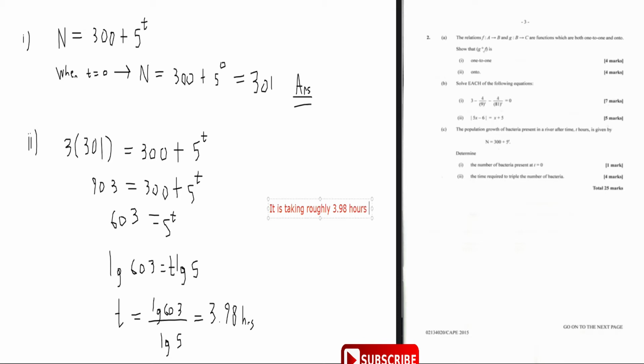And if you want to convert it to minutes, 0.98 times 60. So in reality, it is taking roughly 3 hours and 58 minutes.